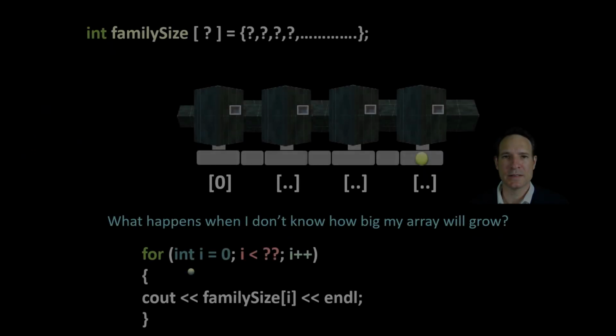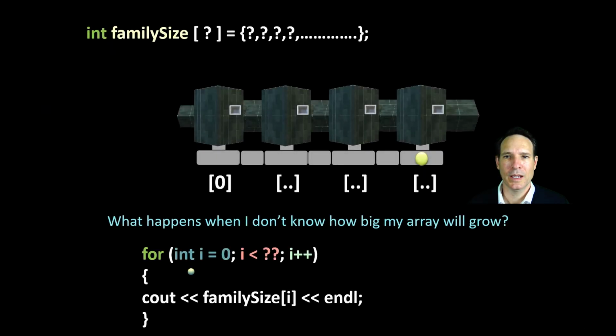To look at our array again, what happens when we don't know ahead of time what the actual boundary of the array is? For example, if you look here, I don't know how big this array is going to be because the users haven't typed it in yet. Nowhere on this array do I know what the limit is, because we're going to put that into something called dynamic memory.